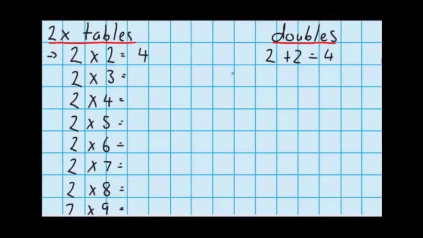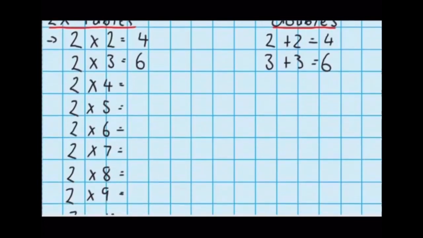Now we've done 2 times 3 already. We said that that was 2 groups of 3, and we already worked out that that was 6, so 2 times 3 equals 6. 2 times 4, or 2 groups of 4. That means I have a 4 plus another 4, which gives me 8. So 2 times 4 equals 8.